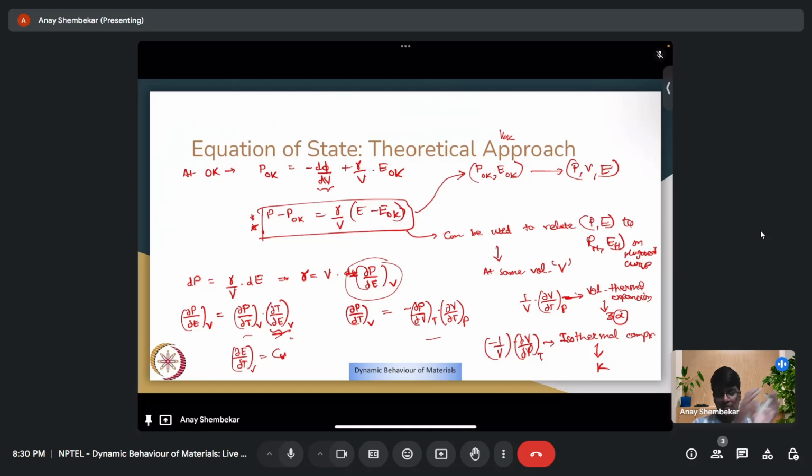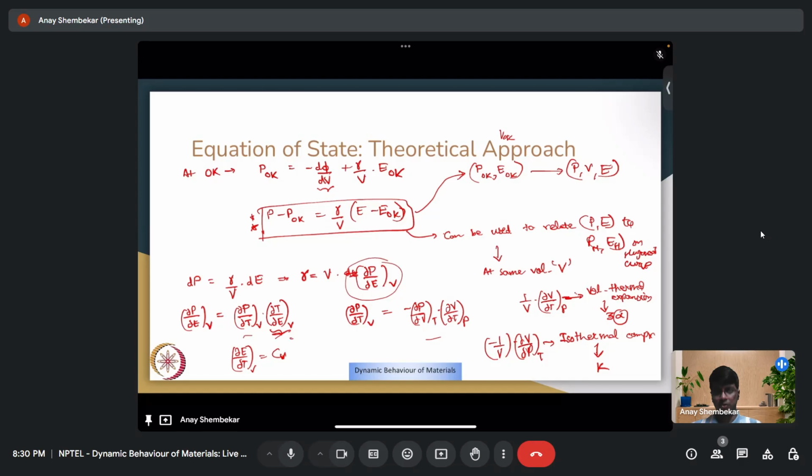Assuming there is no large change, we can write a similar equation at another state P and E, and again this requires your volume to remain constant. So from that we can write the differential of pressure as gamma by V times the differential of internal energy.